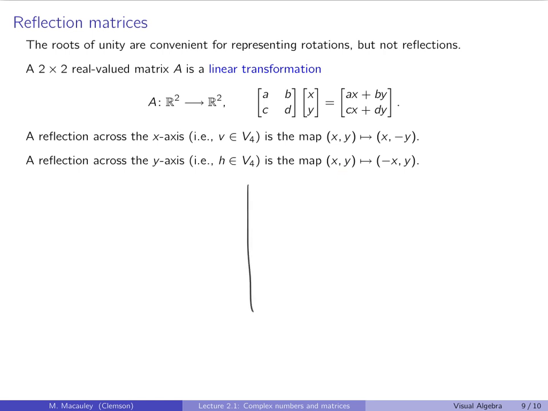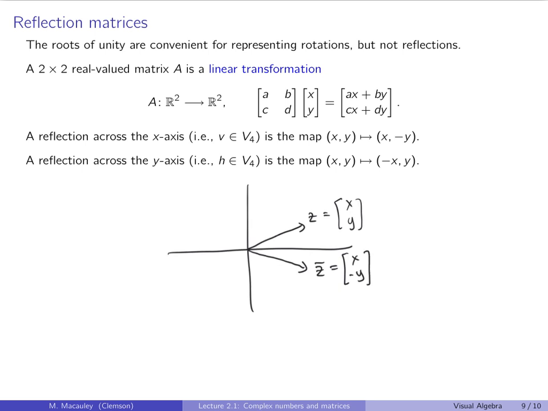Let me draw a quick picture of this. Let me call this z, which we can think of as (x, y). Now if you reflect this across the x-axis, I'm using z to think of it as a complex number, let me call this z bar to suggest that this could live in the complex plane. That's going to be (x, negative y).